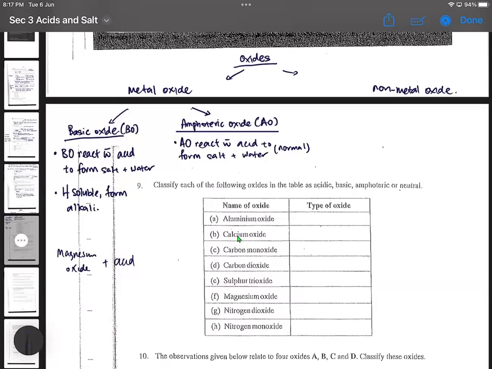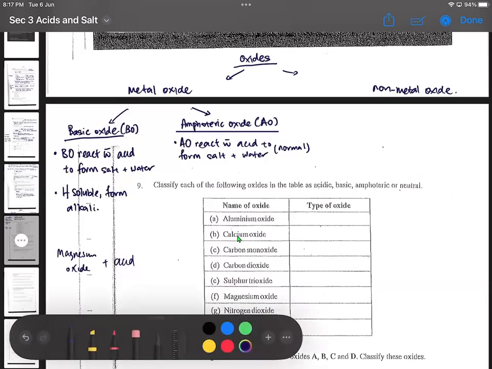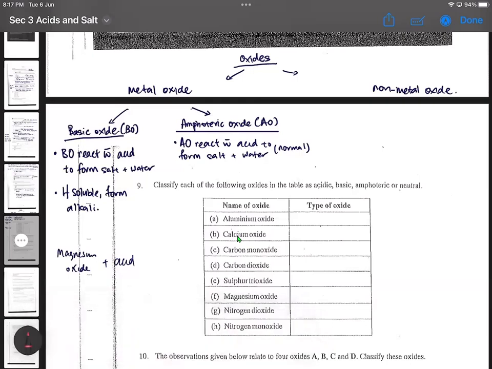However, the thing that is not normal, and hence there's this special categorization, is because amphoteric oxides will also react with alkali to form salt and water. This reaction is not normal. It's not expected of metal oxides. So that's why there are a few metal oxides that fall into this category.